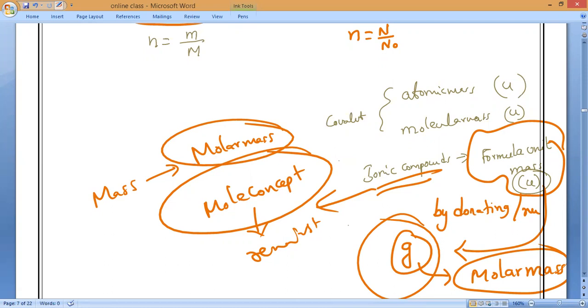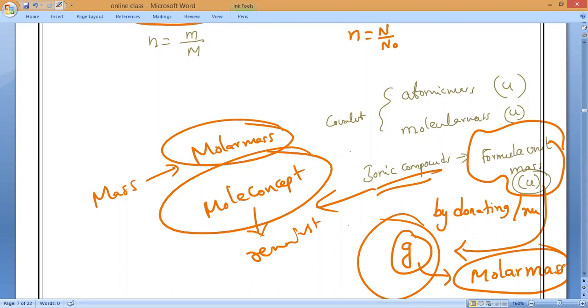So you can write the definition like this: the amount of substance which contains Avogadro's number of formula units.